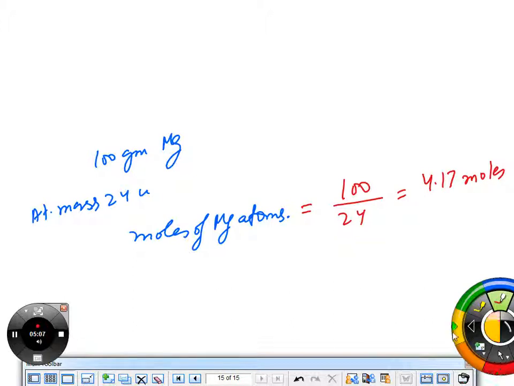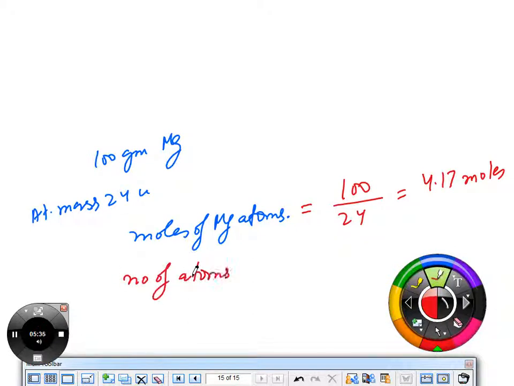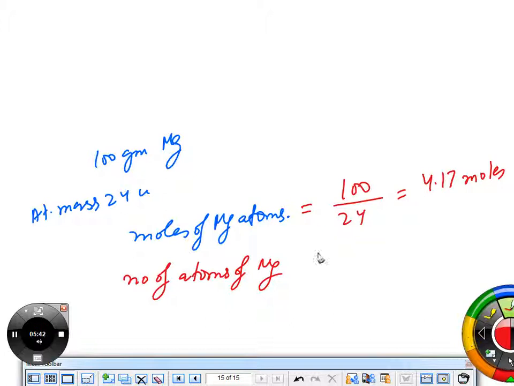See, हमेशा ये कंफ्यूजन रहेगा कि मॉलिक्यूल्स या मोल्स. मोल्स पूछेंगे तो मास अपॉन मॉलिक्यूलर मास, ओके, और मोलर मास. एंड अगर ये पूछते हैं कि नंबर ऑफ मॉलिक्यूल्स ऑफ मैग्नीशियम एटम्स, if they have asked for number of atoms of magnesium, number of atoms पूछ रहे हैं, then you multiply this जो आंसर आया है by Avogadro number, that is 6.023 into 10^23.